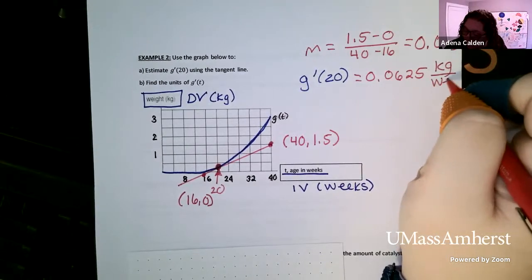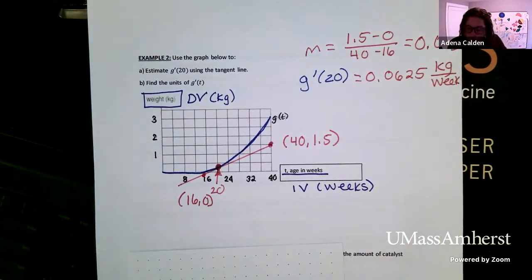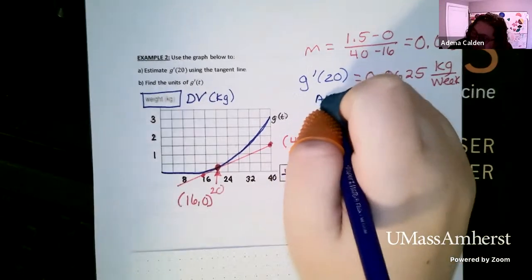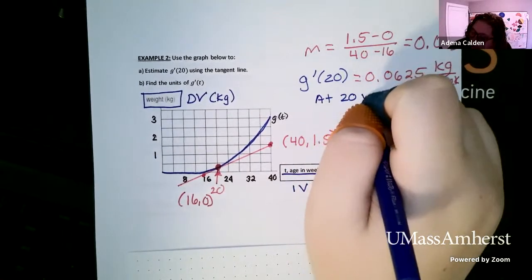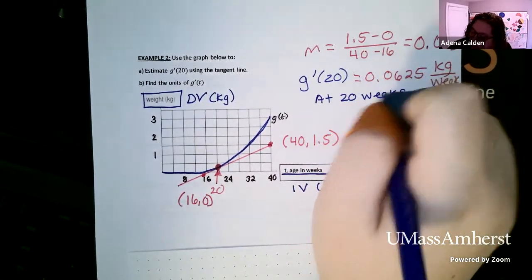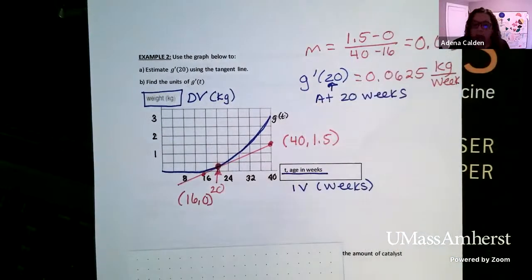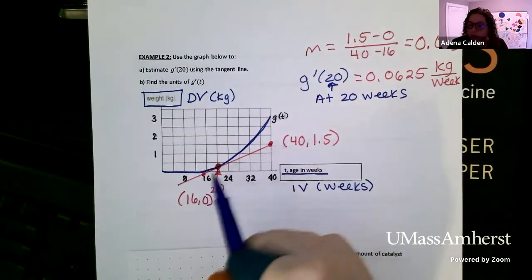So kilograms per week. So if I want to talk about what this means, say at 20 weeks, because again, that is where we are evaluating this particular number. That's where we draw on our tangent line.